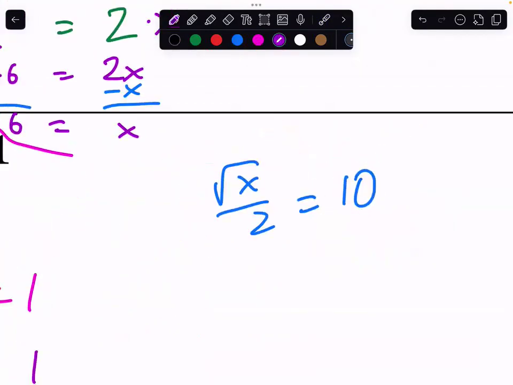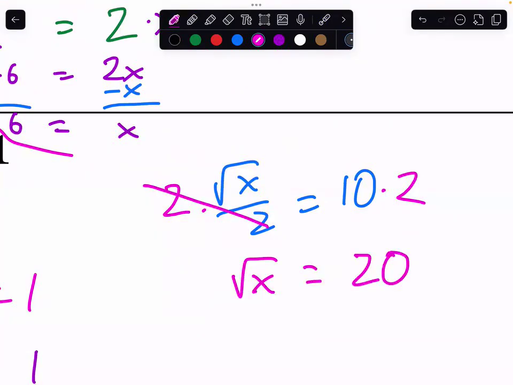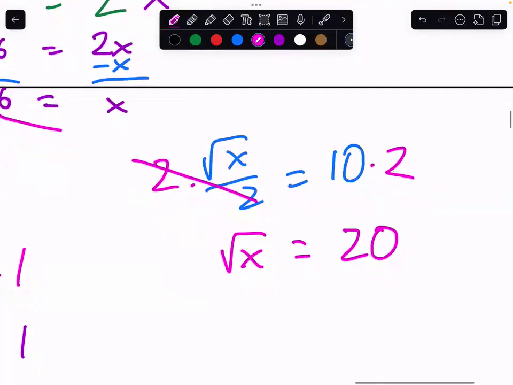Okay, so again, whenever you have a fraction, you can get rid of the denominator by multiplying both sides by the denominator. And then lastly, we want x, not the square root of x. So the opposite of a square root is squaring. So here we do put an exponent of 2 on both sides.